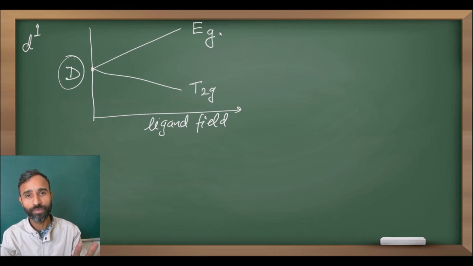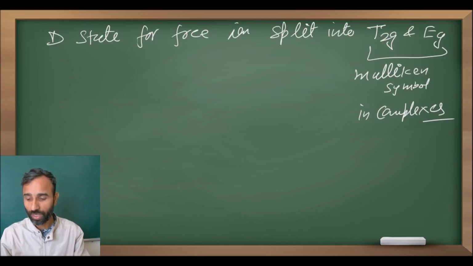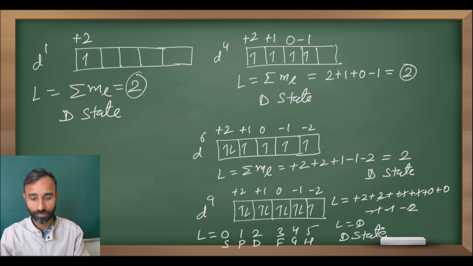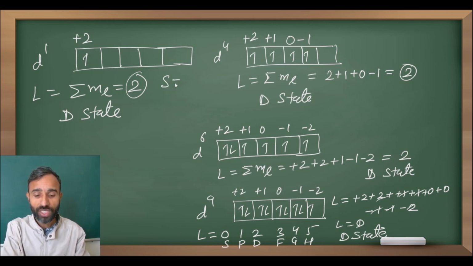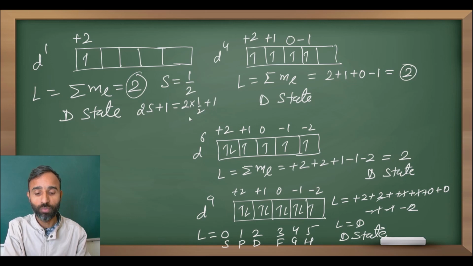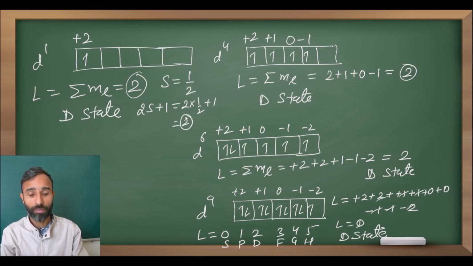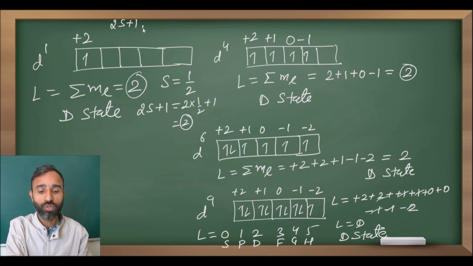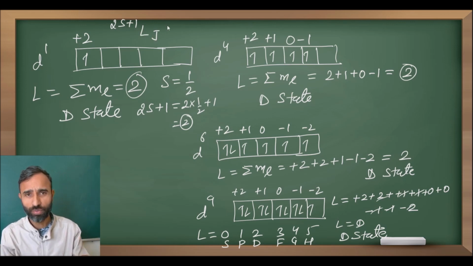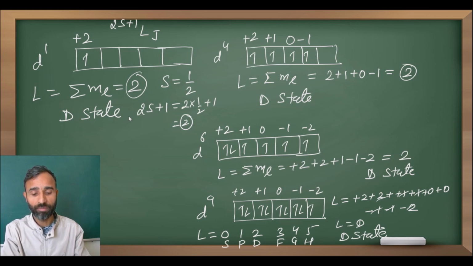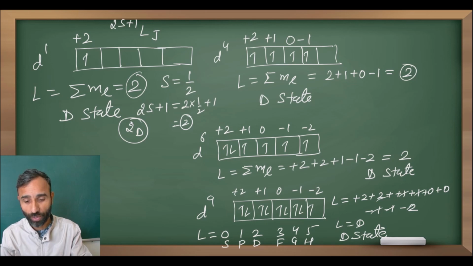The S value for it is half. So 2S plus 1 becomes 2 into 1 by 2 plus 1, which means 2. So 2S plus 1 L means it is 2D. 2D for D1. And D9 is similar to this, also 2D.